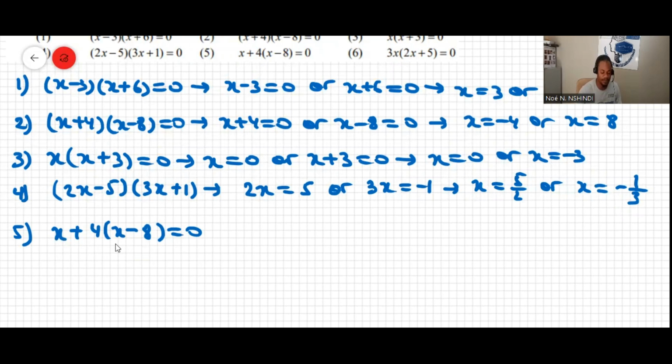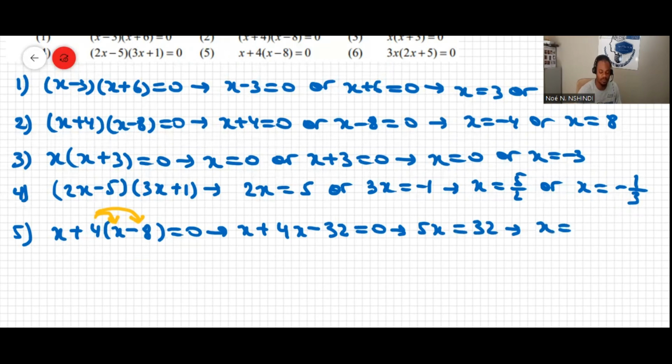So this will be x plus 4 times x and then 4 times negative 8. So that makes 4x minus 32. Now that will be 5x minus 32 equal to 0. So this means 5x equals 32. That means x equals 32 over 5 when we divide both sides by 5.